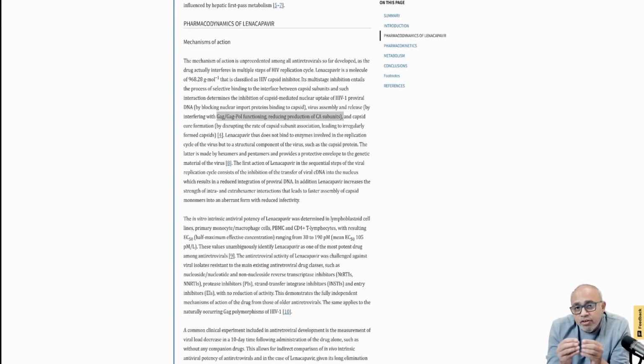A hexamer is a group of 6 capsid protein units that form a part of the viral shell. The interaction between these subunits is critical for the stability and the shape of the capsid. While inter hexamer interactions refer to how hexamers interact with others to form the entire capsid structure, Lenacapavir increases these interactions, but in an irregular way, which leads to the assembly of a defective, non-functional capsid that cannot properly protect the viral genetic material.